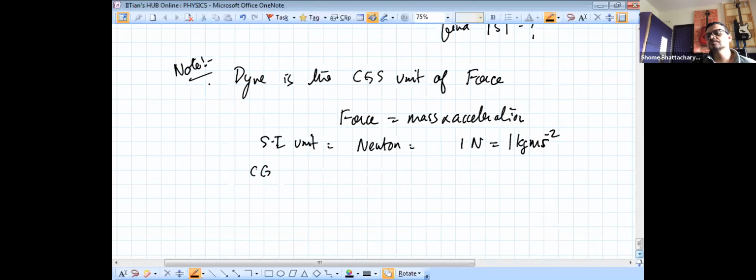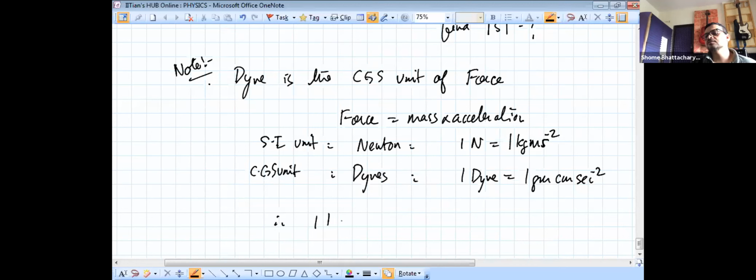So in the CGS unit, dyne, 1 dyne is equal to 1 gram centimeter per second square. So therefore you can also see that 1 dyne is 10 raised to the power minus 3 kilogram, 10 raised to the power minus 2 meters per second square.